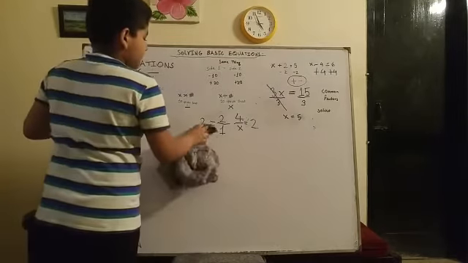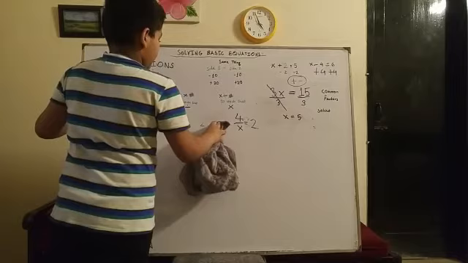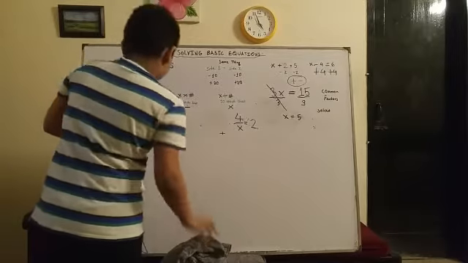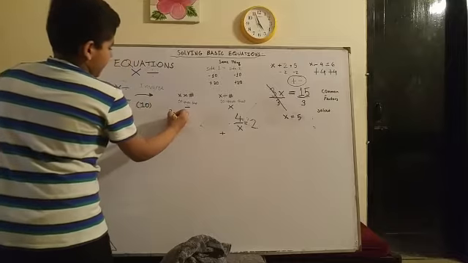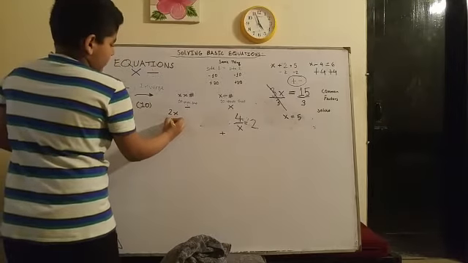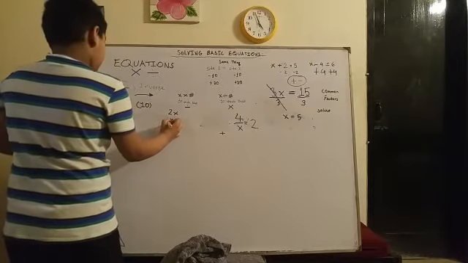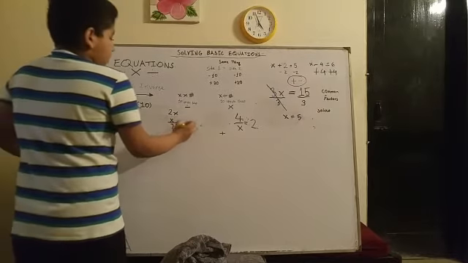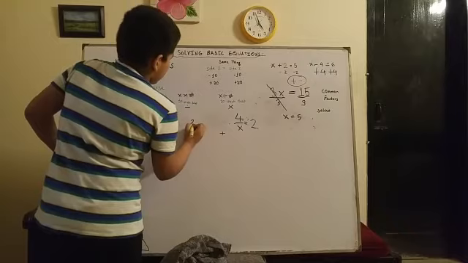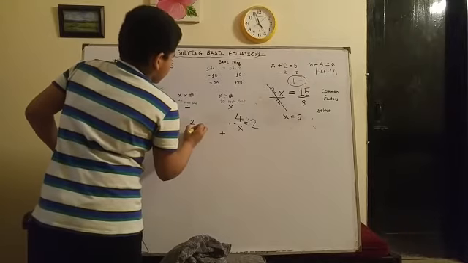Now we have seen quite a lot of equations where a number is being multiplied by x, or x is being divided by a number. But what if a number is being divided by an unknown?